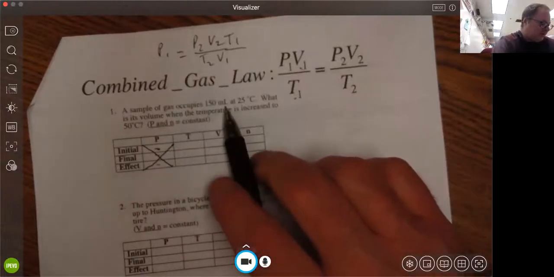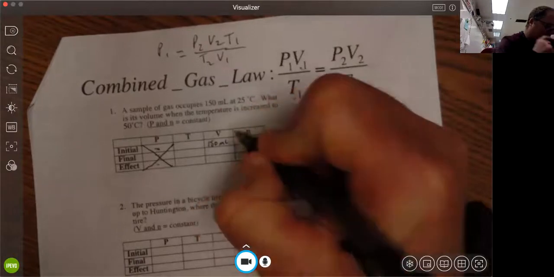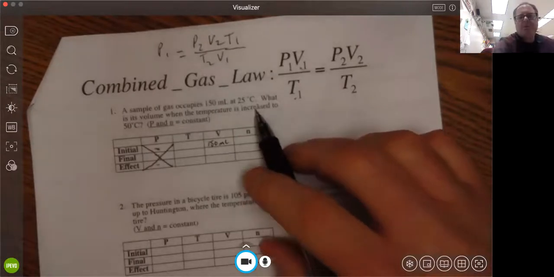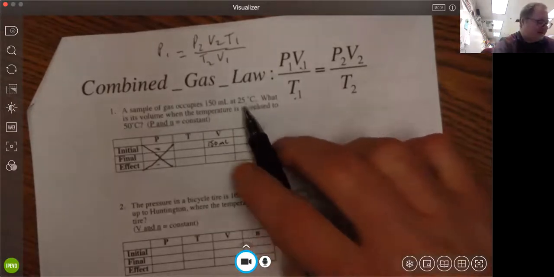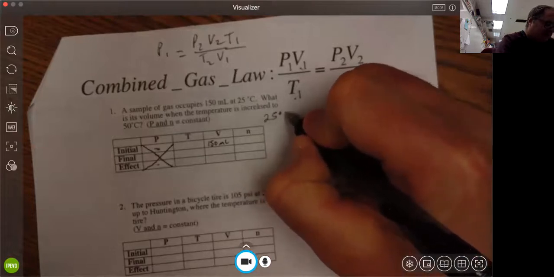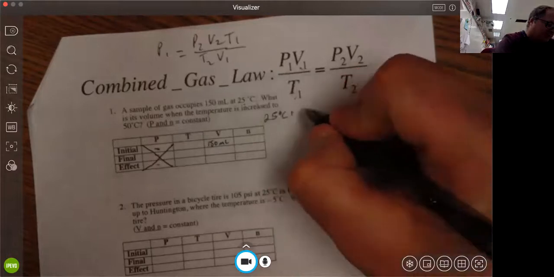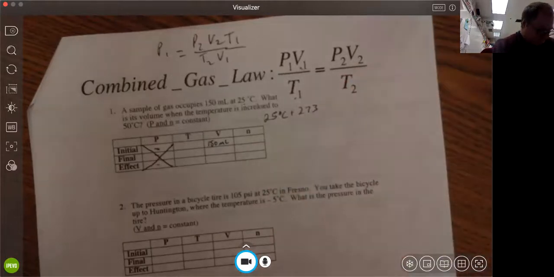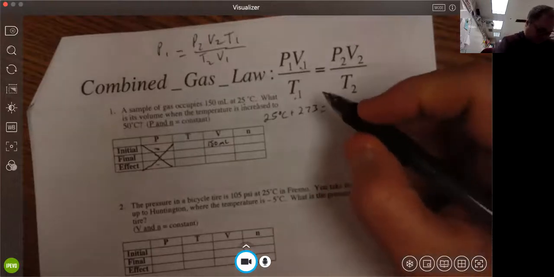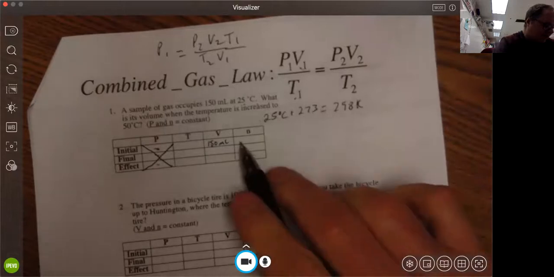The initial volume of the gas is 150 milliliters at 25 degrees Celsius. Remember what we said about temperature for this. We can never use degrees Celsius in a formula. We need to change that to Kelvin. 25 plus 273. It's 298. That's 298 Kelvin.